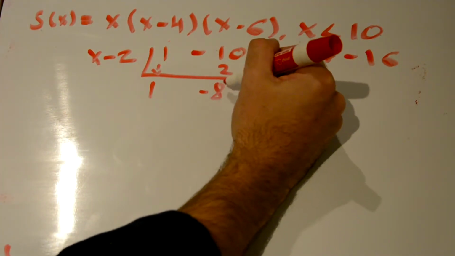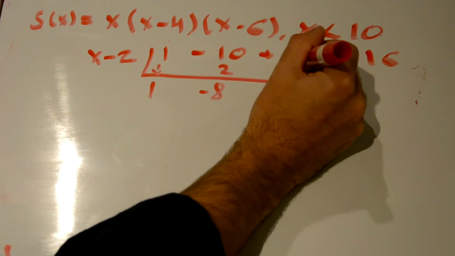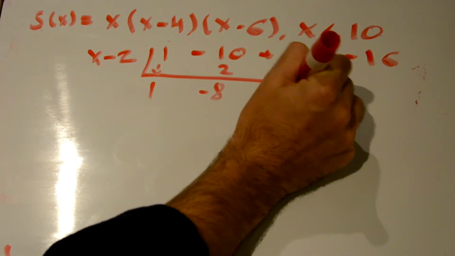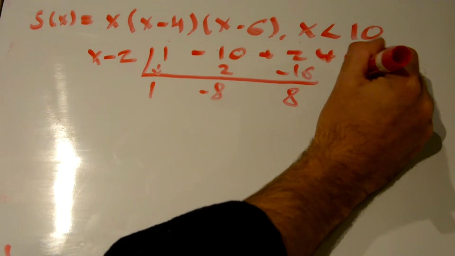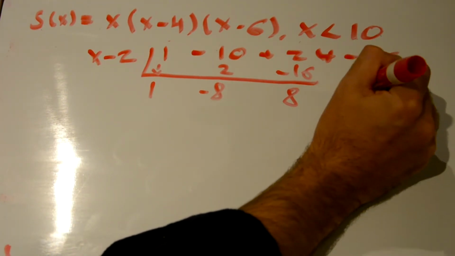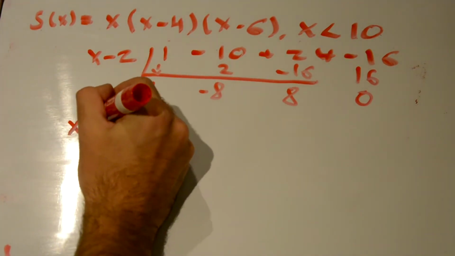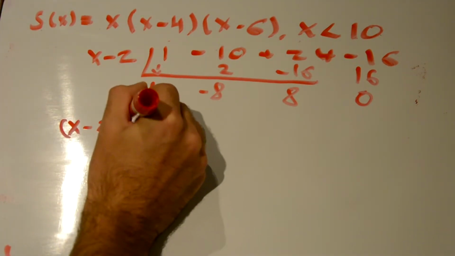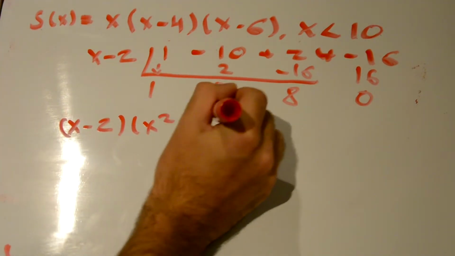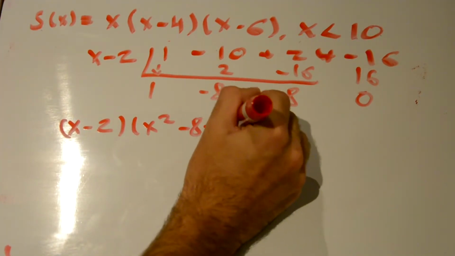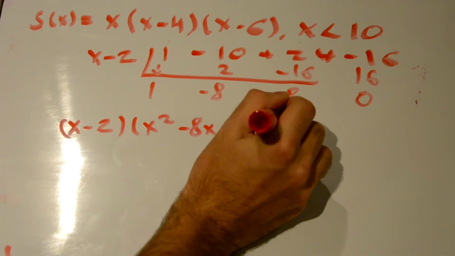Negative 8 times 2 equals negative 16, and we add, giving us 8 once again, and then 8 times 2 equals 16, giving us 0. Once again, proving that x minus 2 is a factor, and giving us the quadratic of x squared minus 8x plus 8 as our other factor.